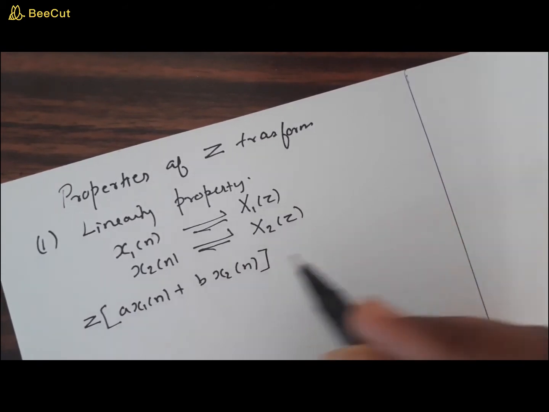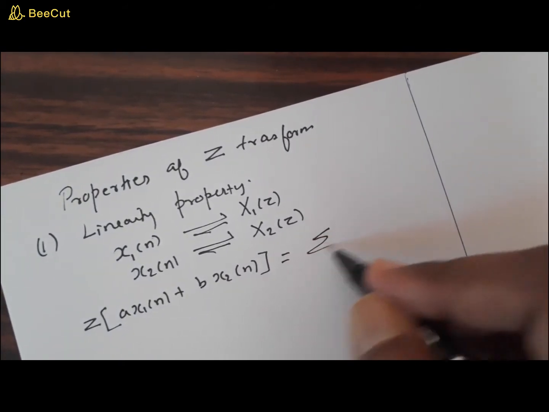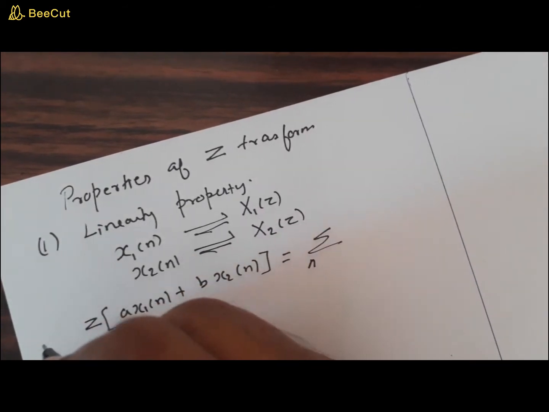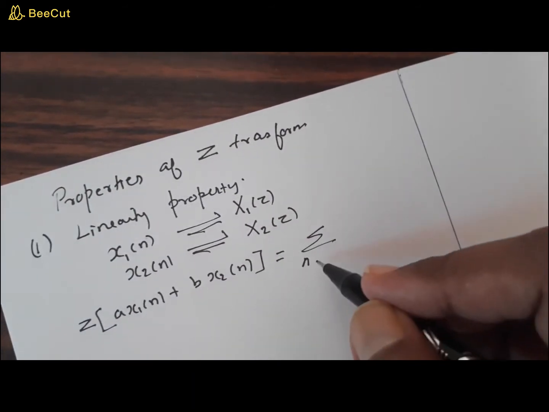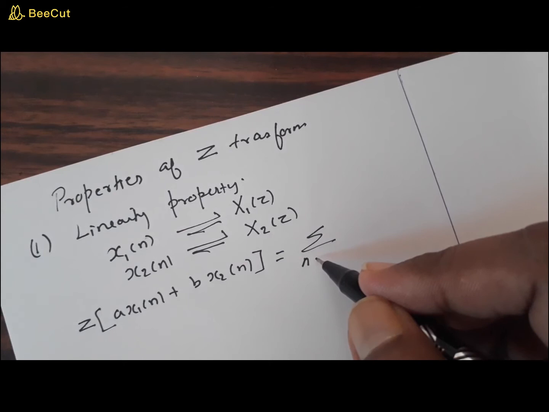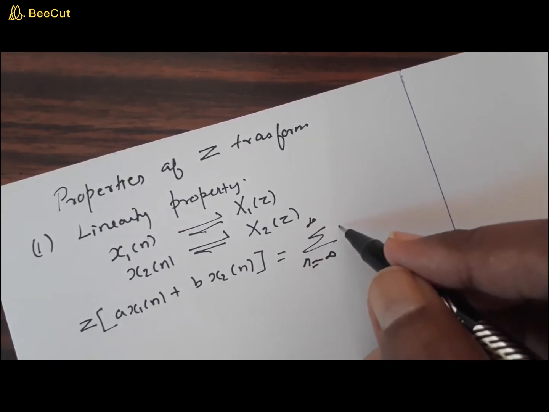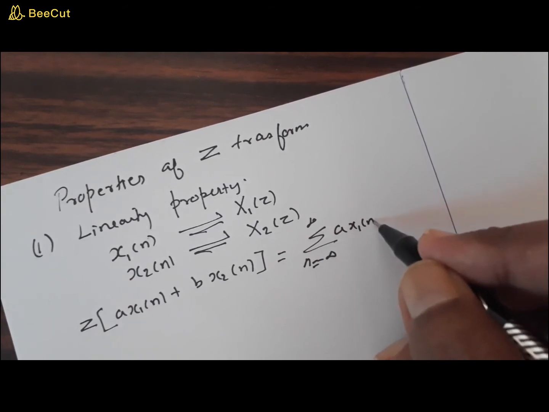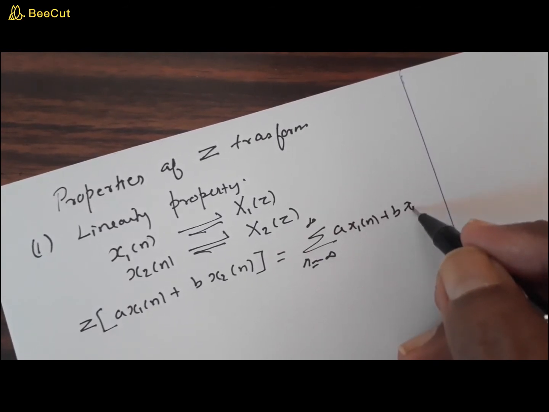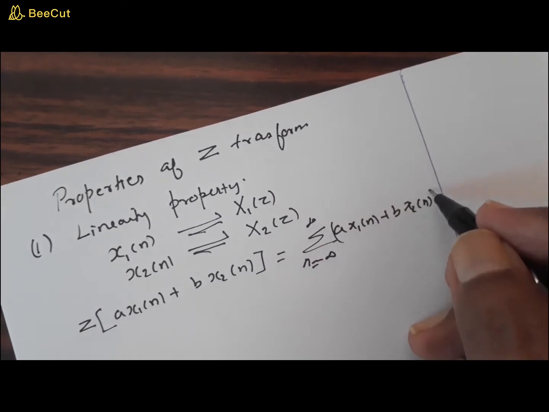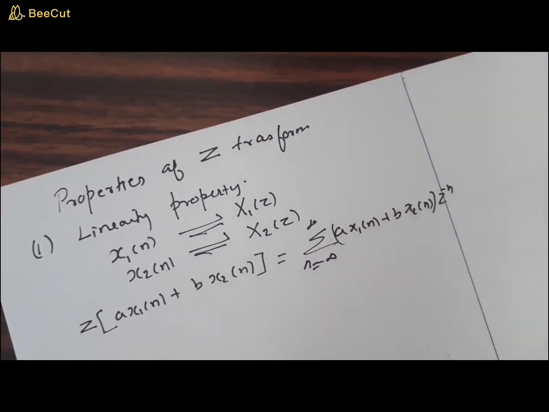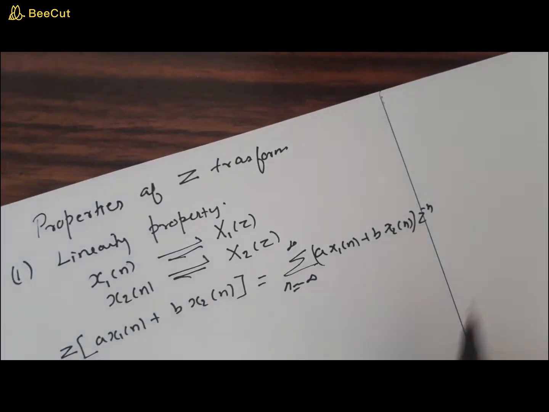So you can simply use the basic expression to prove it. To prove that, it is the summation from n equal to minus infinity to plus infinity of a into x1 of n plus b into x2 of n, into z raised to minus n. Okay, this is the basic expression.